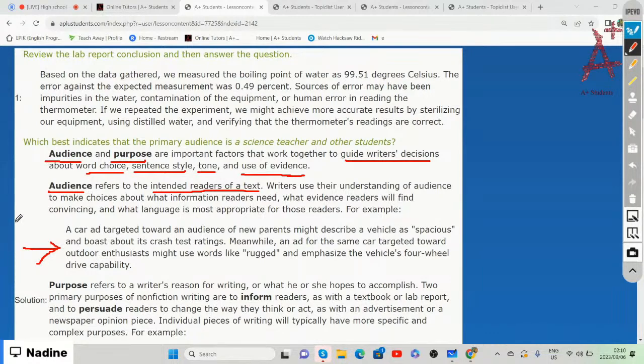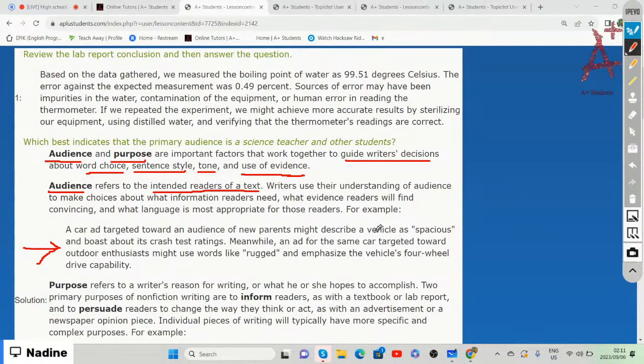Meanwhile, an ad for the same car targeted towards outdoor enthusiasts might use words like rugged and emphasize the vehicle's four-wheel drive capability. So it really depends on the audience, and when it comes to advertisement, it is basically choosing a target market. That is what the audience is about.